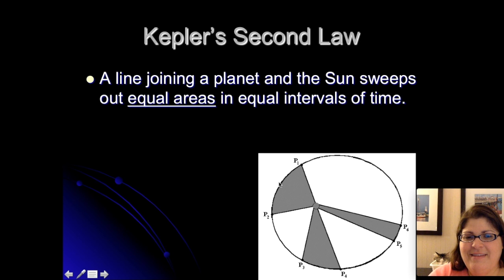In other words, this and this and this will all occur in the same amount of time. And so if the amount of time is the same and the planet is covering a greater distance, then it's going to be moving faster.